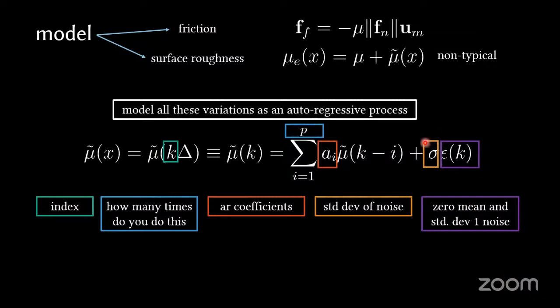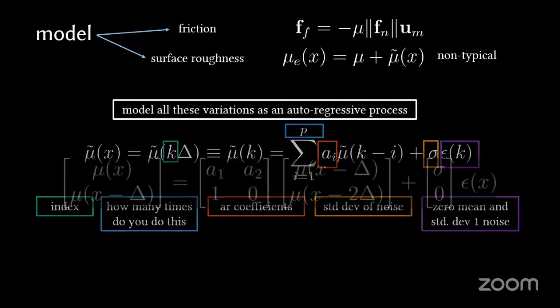Then you have some kind of noise that you would add, and then you also have these autoregressive coefficients that you apply to all the things you have seen previously to get the current friction. That is essentially what you want to end up doing.